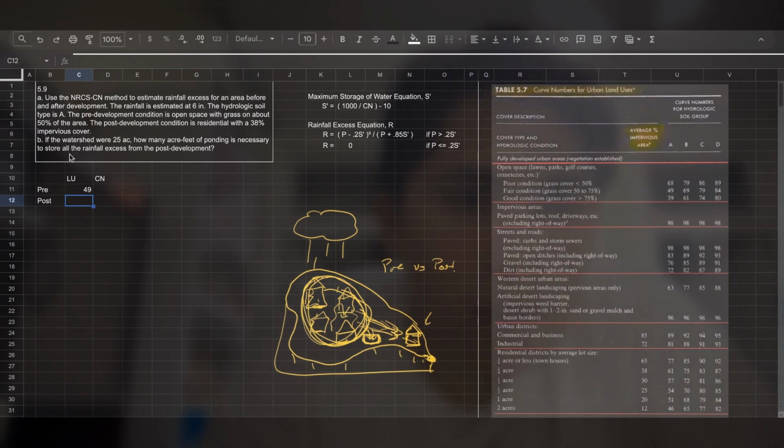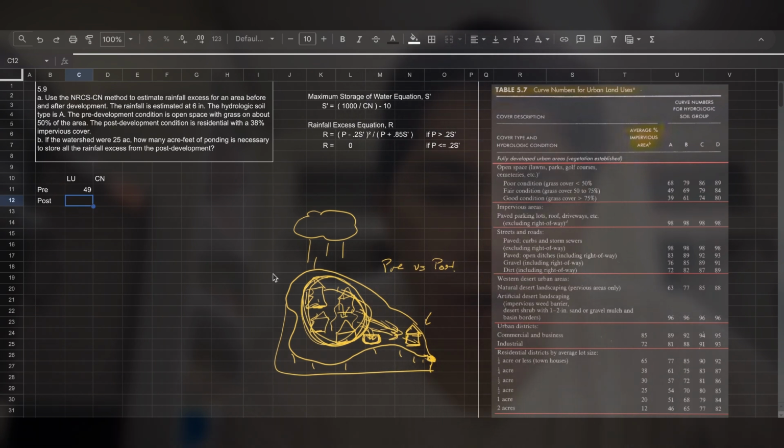And for the post-development, it says the condition is residential. So we're going to use, let's see, I think I used the value of 61, and I assume the residential are 1/4 acre developments.